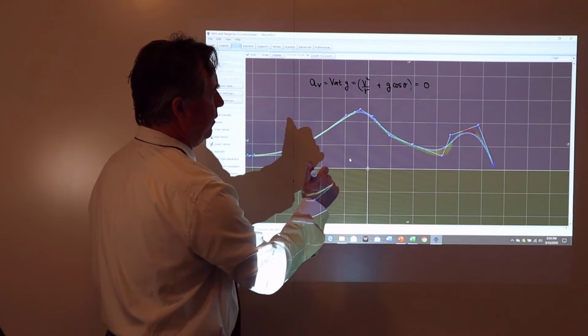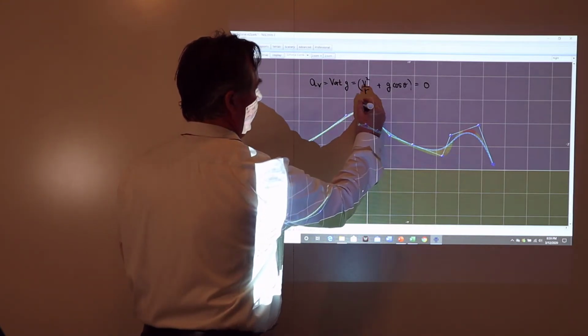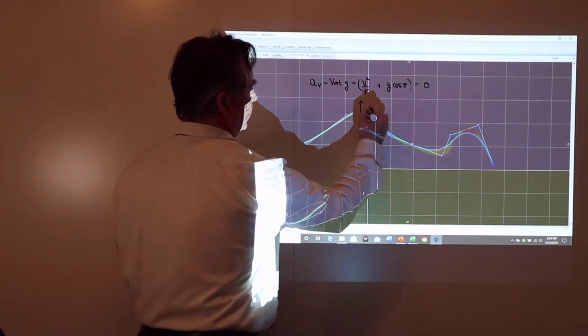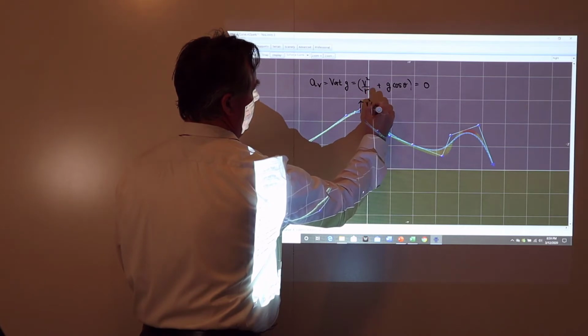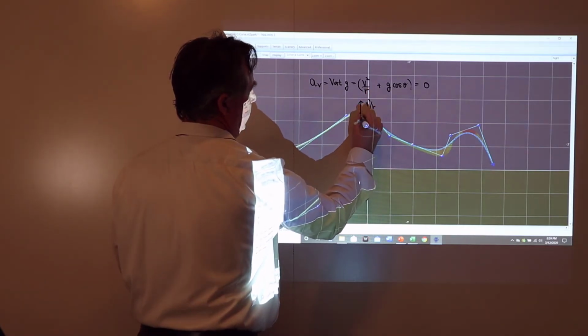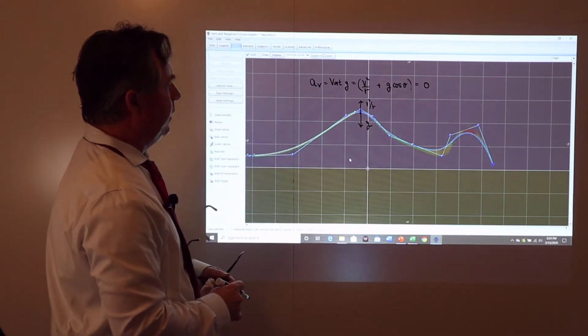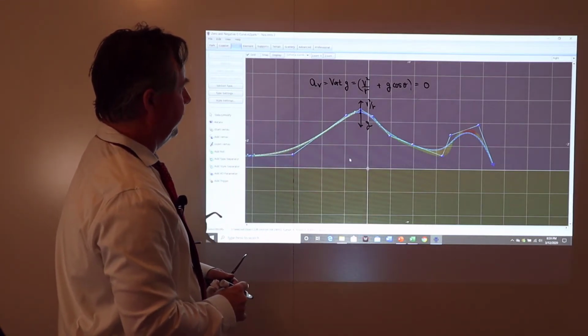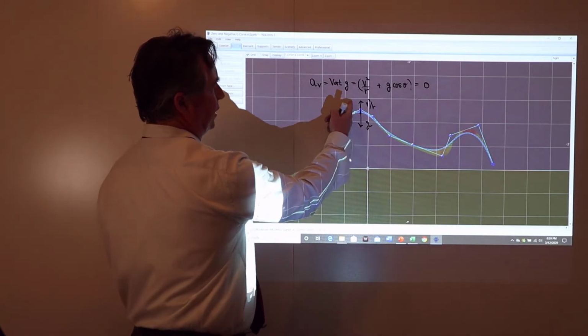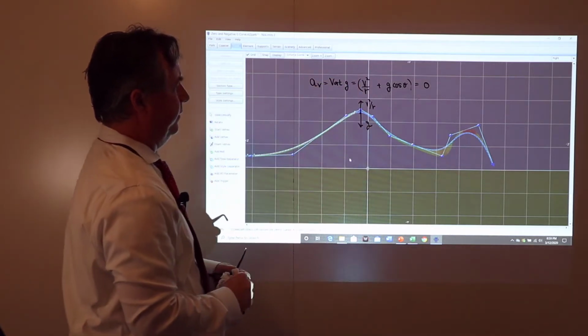Okay, so we know that centrifugal at this point is in this direction. So here's our v squared over r. And then, of course, g is in this direction. Now NoLimits2 considers this direction negative, up negative, okay?